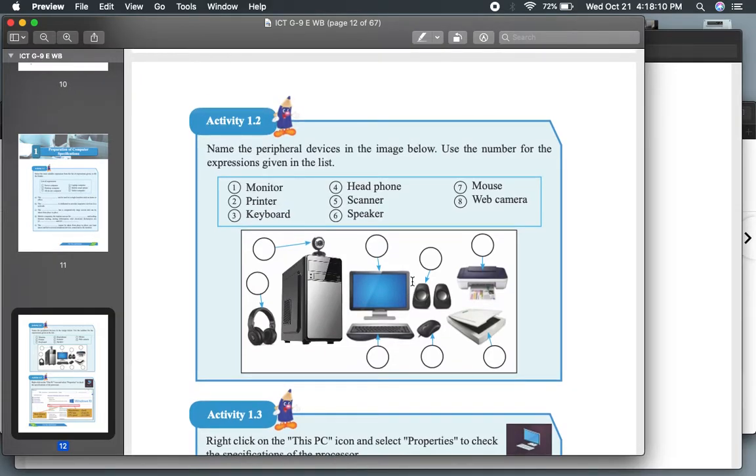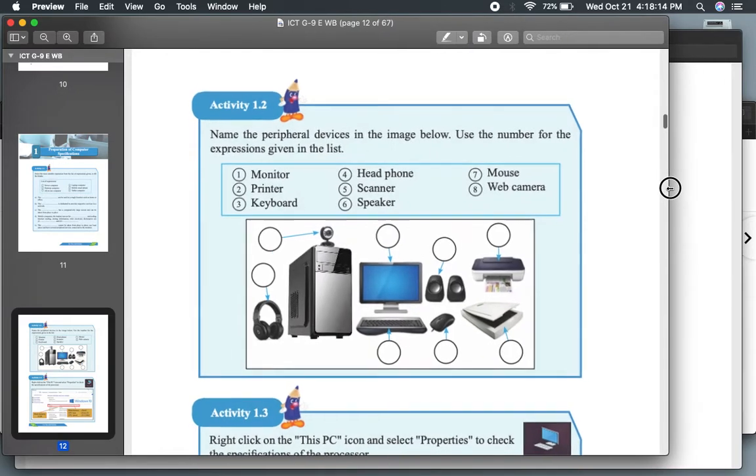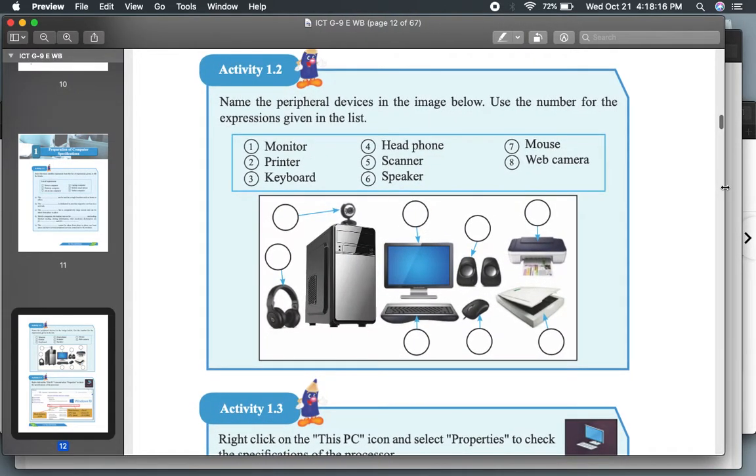This is the activity that we are supposed to do together with that part of the lesson in the reading book. Name the peripheral devices in the image below. Use the number for the expressions given in the list.